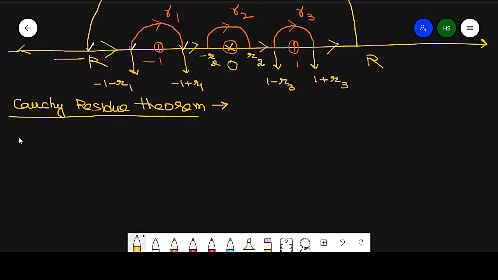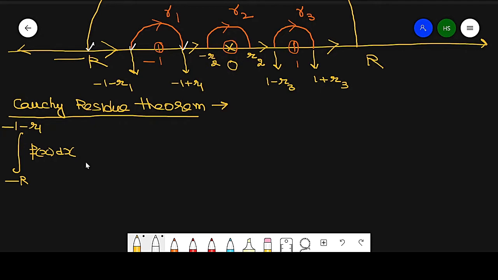Now by using the Cauchy residue theorem, I start from this point. This is the first integration, from minus R to minus 1 minus r1. So this is a real line, and what we get is f(x) dx, because it is a real line. So I move from this to this.